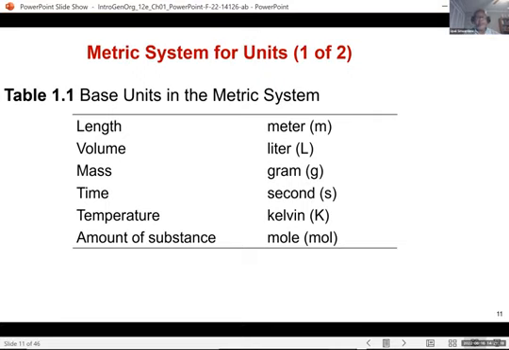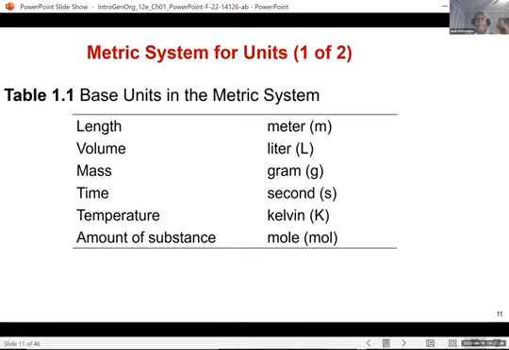Mass is grams. Time is seconds. Temperature is Kelvin. The amount of substance is measured in mole. The amount of substance is the one that we use in chemistry.